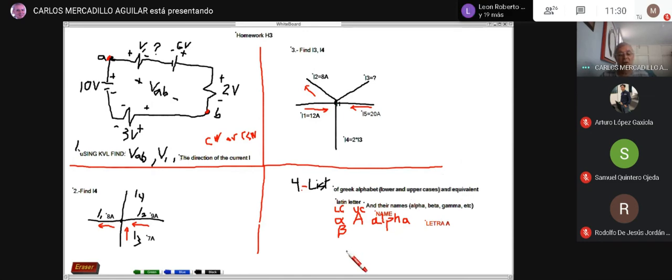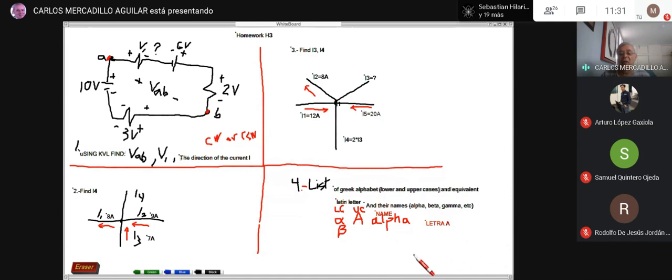Okay? So the last part of the homework, which is going to be for Friday, is a list. Make a list, a notebook, of the Greek alphabet, lower and upper cases, with an equivalent Latin letter, and also the names of the letters in Greek.